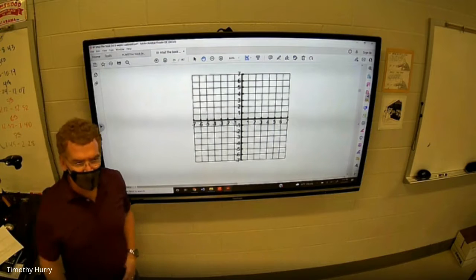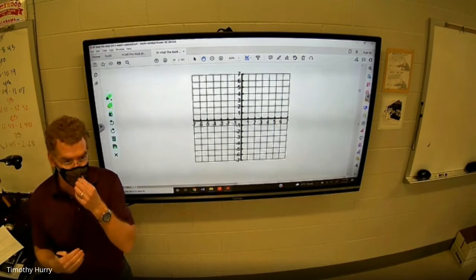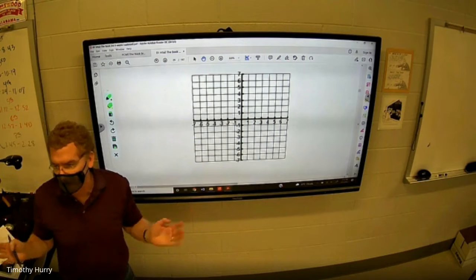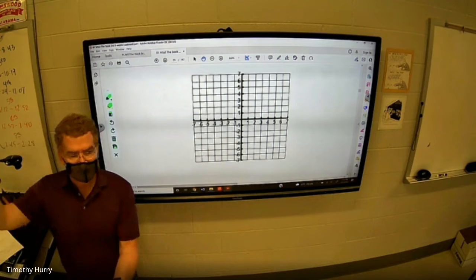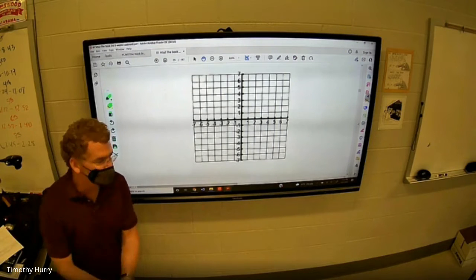So the first thing I want to do is talk about what the definition of a parabola is. And we really haven't talked about that at all other than the slice through a cone. So this is an algebra definition, not a geometric definition like that slice. Okay?